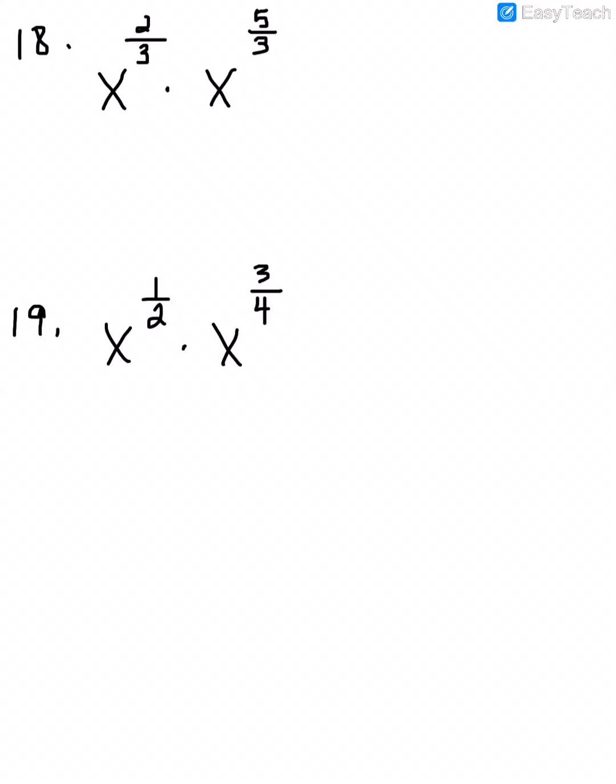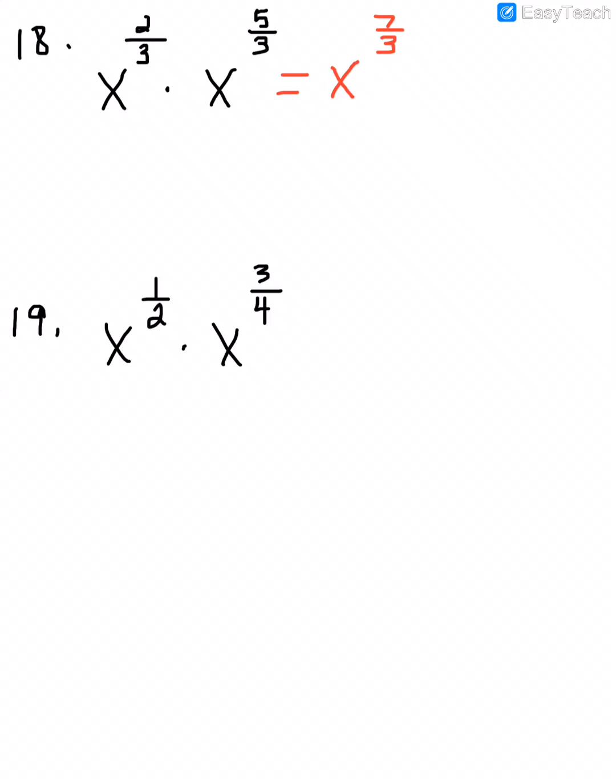All right, here we have x to the 2/3 power times x to the 5/3 power. We're multiplying our bases, so we're going to add the exponents, and that gives me x to the 7/3 power. Number 9, again, we're multiplying, and we need to add the exponents, but our exponents don't have the same denominator.